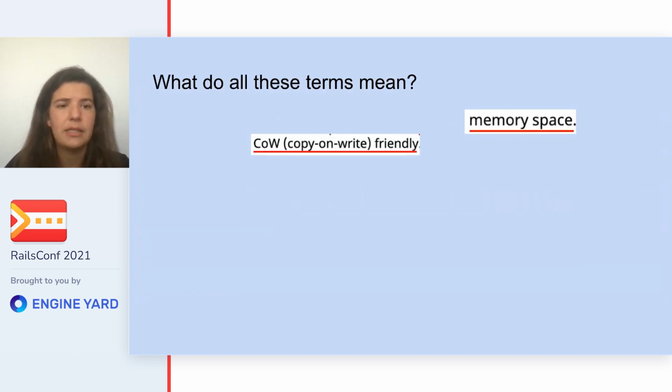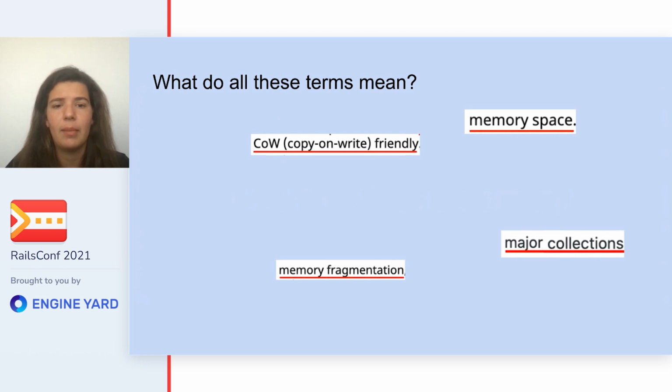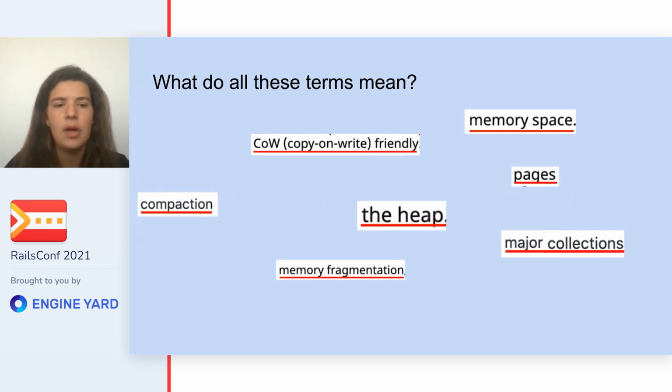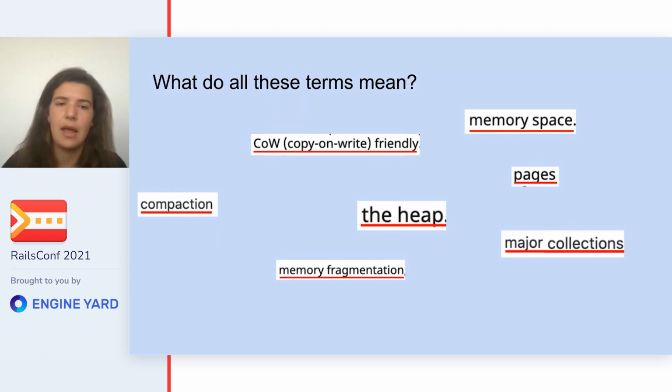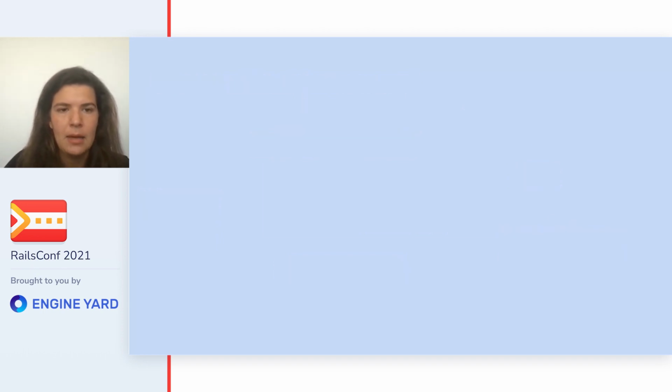Things like memory space, copy on write friendly, memory fragmentation, major collections, compaction, pages, the heap. We'll get into all of this through the course of the talk. And as I was saying, one of my goals is really that we all come to an understanding of what each of these terms mean.